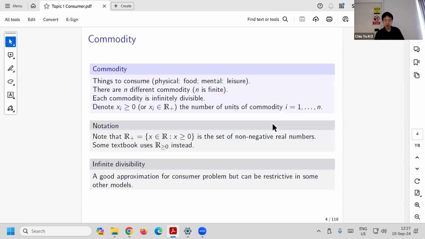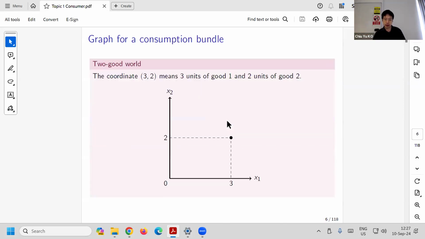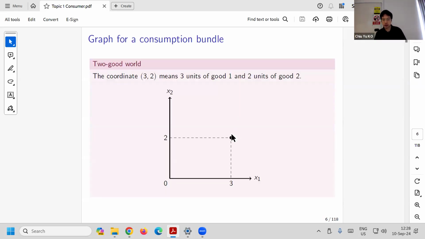Just to quickly recap, what we're doing is we start with the world. We have n different types of bundles, and the bundle is perfectly divisible. This is represented by a vector of numbers. In the two-dimensional world, it will be just a point in this plane. And we focus on positive quantities, so it's the positive quadrant, just this area.